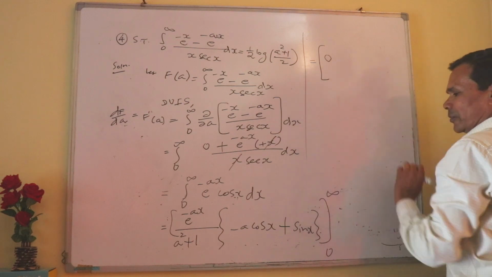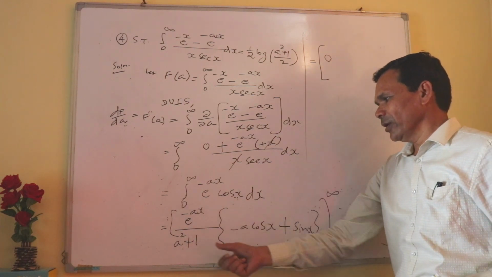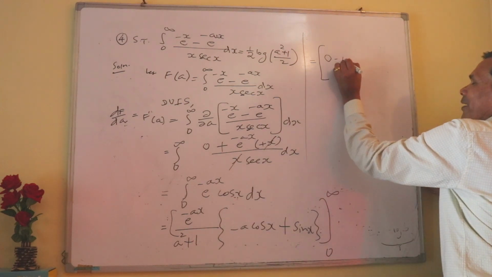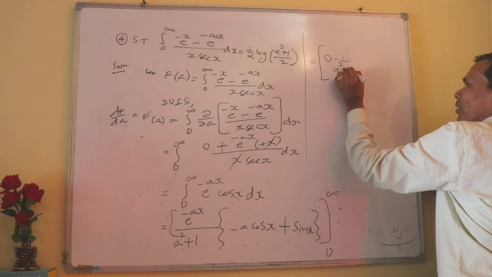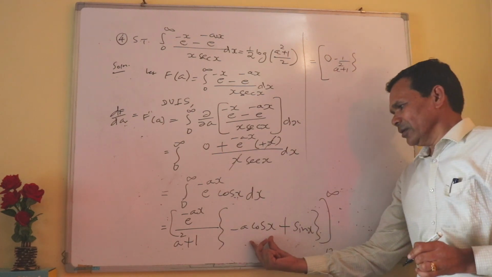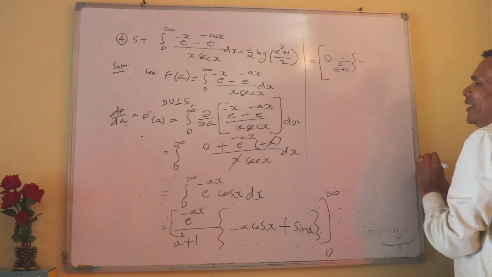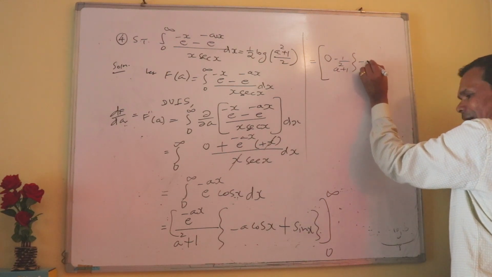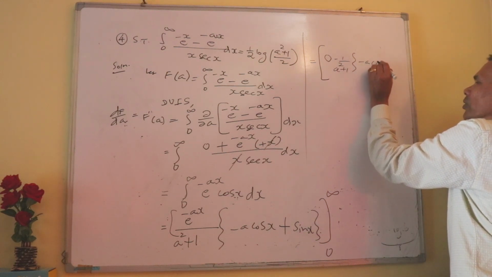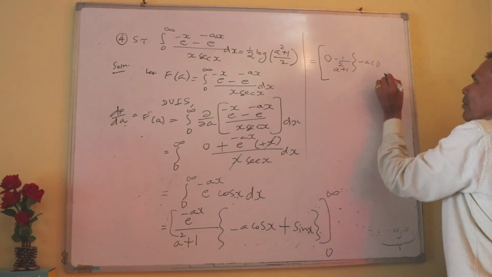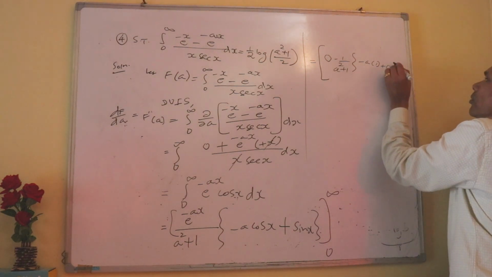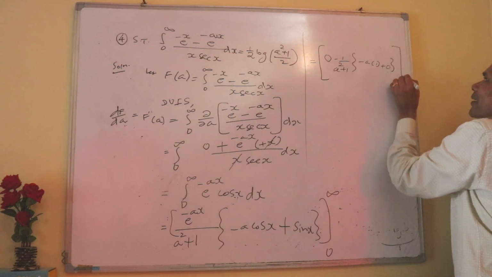For the lower limit, you get 0 minus 1 upon a square plus 1, and here it is minus a cos 0, which is 1, plus sin 0, which is 0, and the bracket is complete.